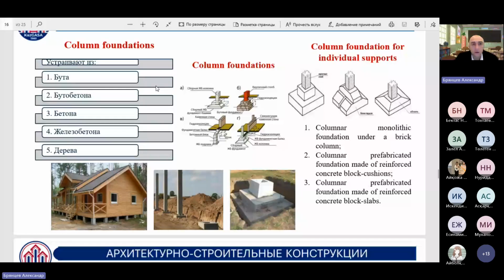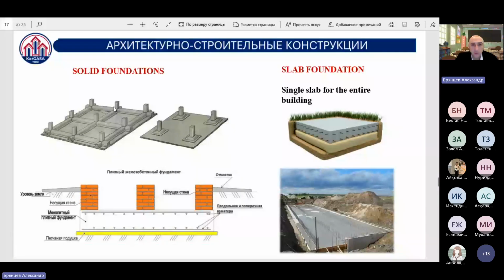Next one is the solid foundation and the slab foundation. So solid foundations occupy the entire building footprint. So it transmits load evenly across the soil. The slab foundation is the main example, actually.